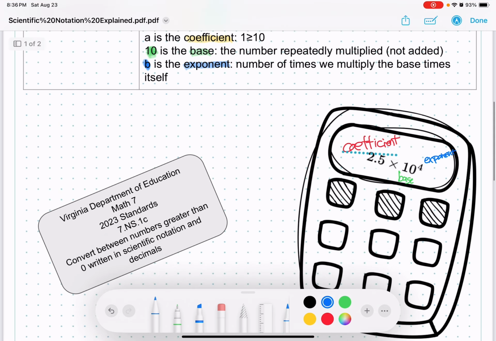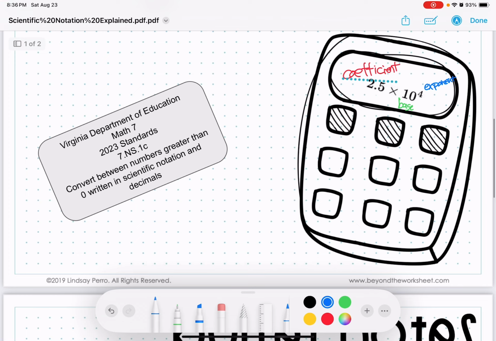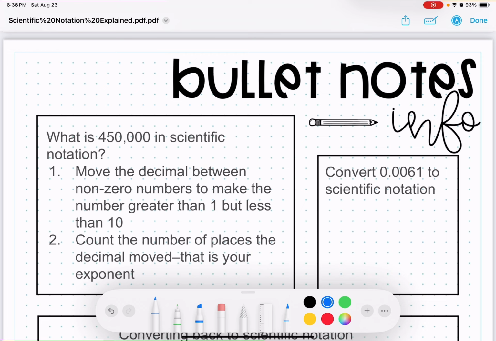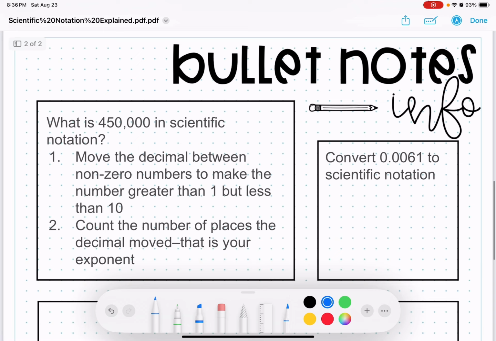So the next thing that is required in the 2023 Math 7 standards is to convert numbers to scientific notation. So let's go ahead and get started there. What is 450,000 in scientific notation? The first thing we're going to do is move the decimal between non-zero numbers to make the number greater than 1 but less than 10. So we're going to move it right here so that that first digit is just one single digit. So that would be 4.5.